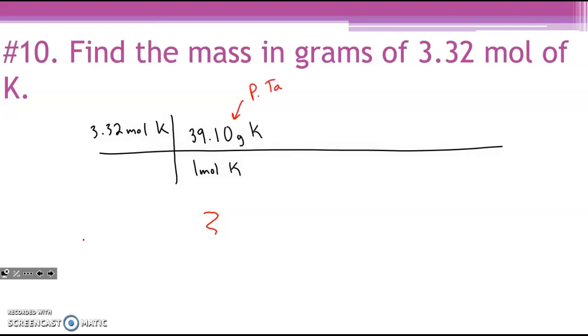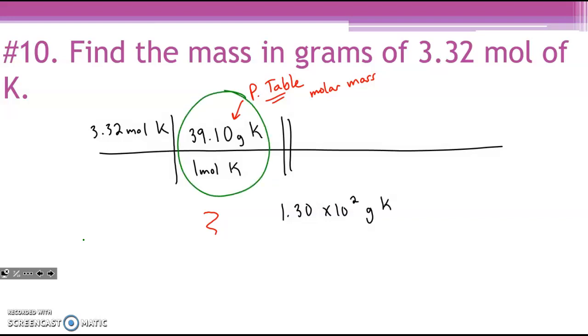You're going to look on the periodic table and calculate. Remember, this is our molar mass conversion. So when we calculate this, our final answer is 1.30 times 10 to the second grams of potassium. We have used molar mass as a conversion factor. This is our final answer.